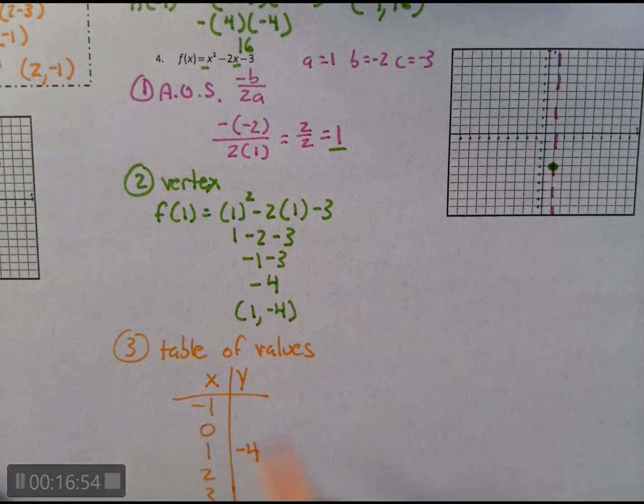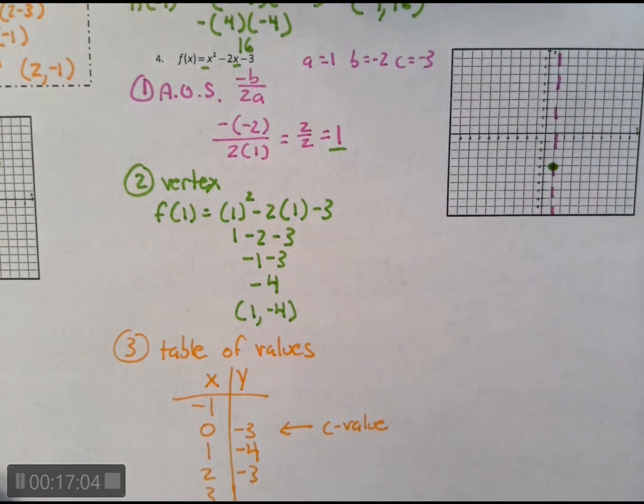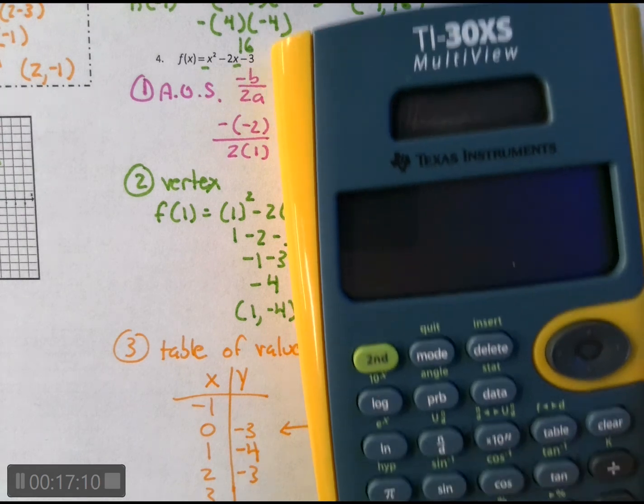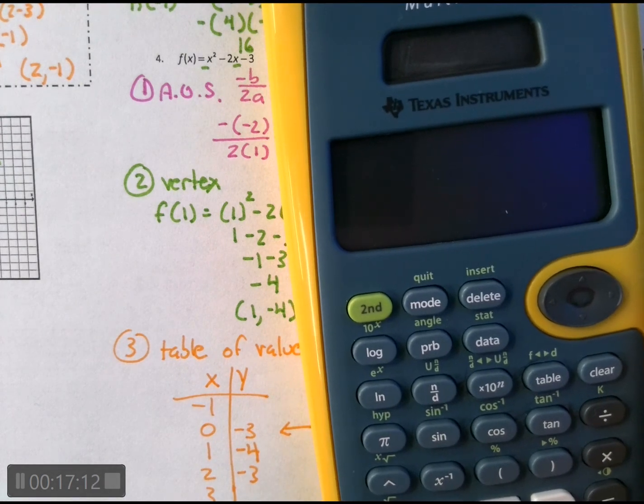And without doing any math, our 0 is going to be our c value, which would be negative 3, which means that this one is also negative 3.